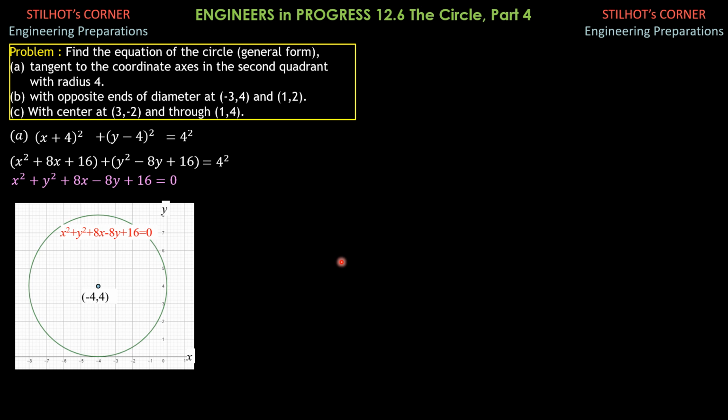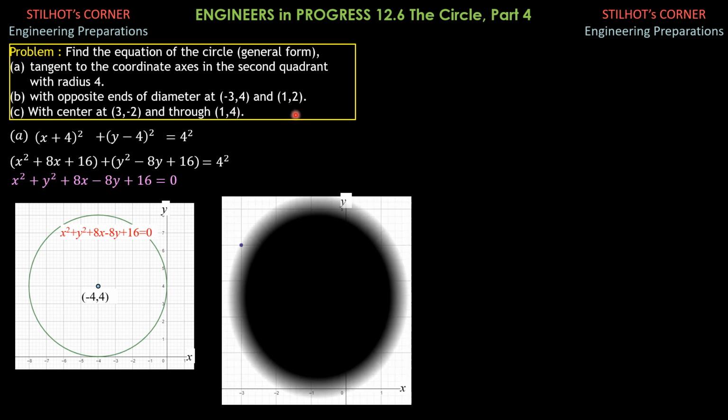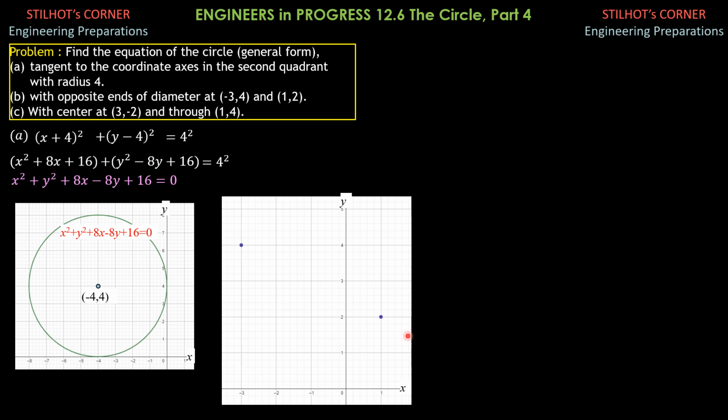We proceed to the second problem with opposite ends at -3, 4 in the second quadrant and 1, -2 in the fourth quadrant. So again, we first locate the center.